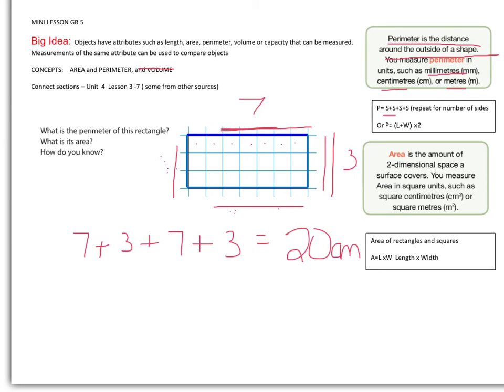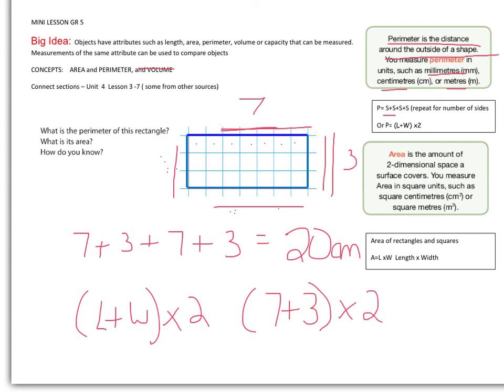They look like they're about a centimeter if I estimate with the width of my pinky. So 20 centimeters. If we were to use our length plus width times 2 formula, 7 plus 3 times 2. 7 plus 3 equals 10 times 2 equals 20. Both equal the same thing. So that's our perimeter, our distance around the outside edge.